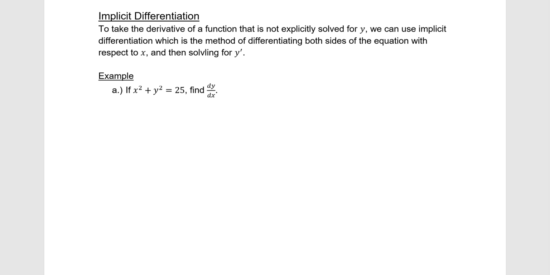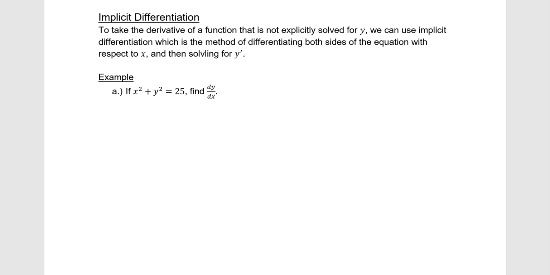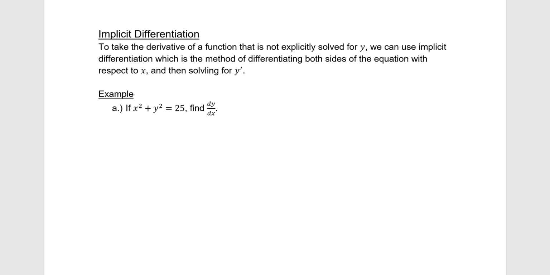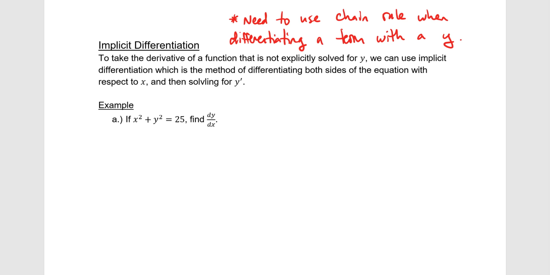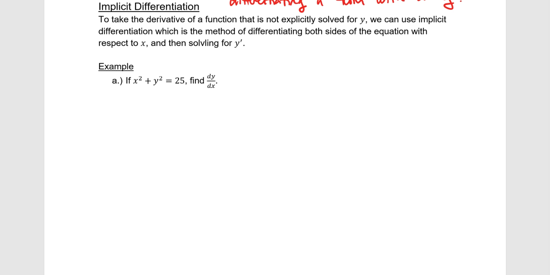So we're going to differentiate both sides of the equation and then have to solve it for y prime. And something to keep in mind, I'll write it up here, we need to use chain rule when differentiating a term with a y. And we'll see how we do that in this next example here.